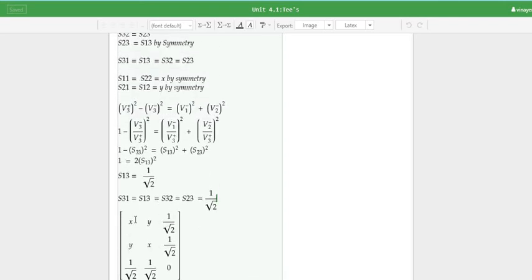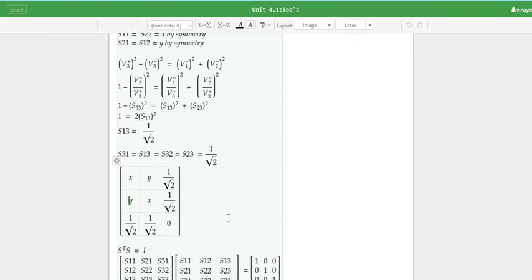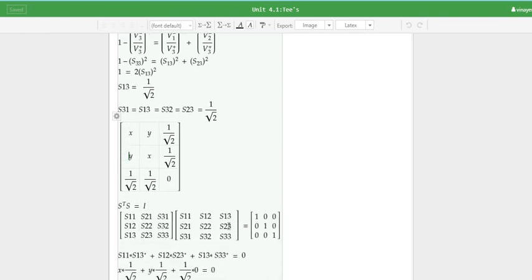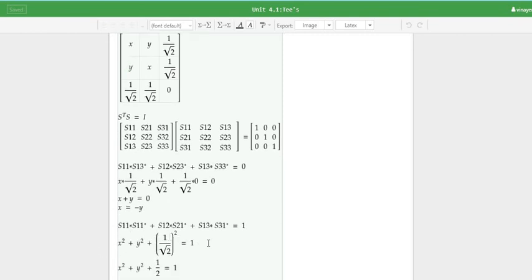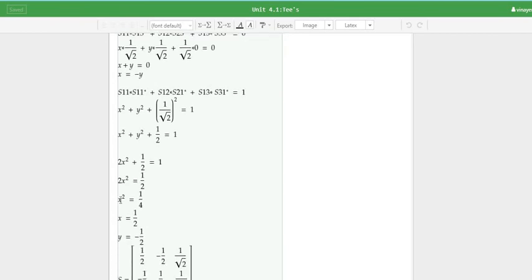From symmetry, we know that S11 should be equal to S22 and S12 should be equal to S21. So this is y, y, this is x, x. We know that S transpose S has to be equal to I. After solving this equation, we get x plus y equal to 0 or x equal to minus y, and x square equal to 1 by 4.